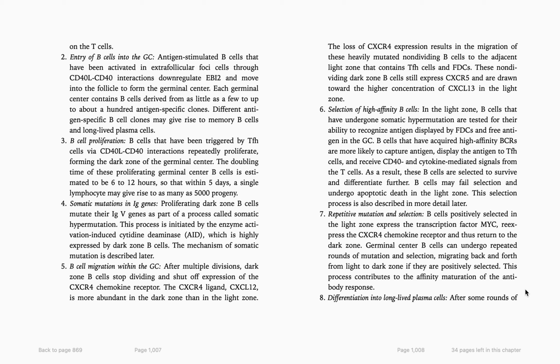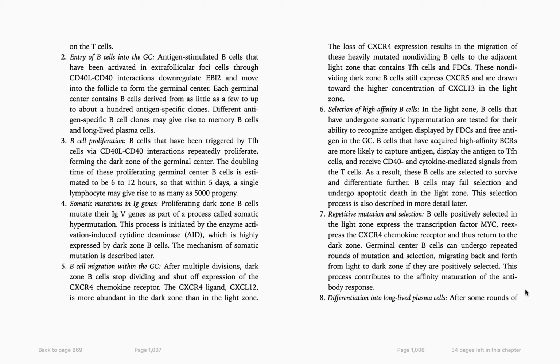Selection of high-affinity B cells. In the light zone, B cells that have undergone somatic hypermutation are tested for their ability to recognize antigen displayed by FDCs and free antigen in the germinal center. B cells that have acquired high-affinity BCRs are more likely to capture antigen, display the antigen to T follicular cells, and receive CD40 and cytokine-mediated signals from the T cell.